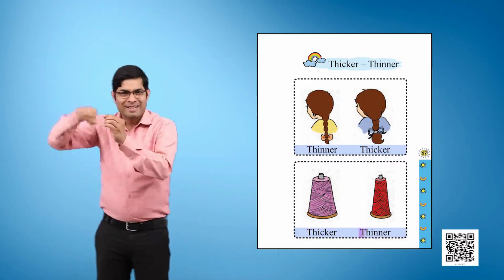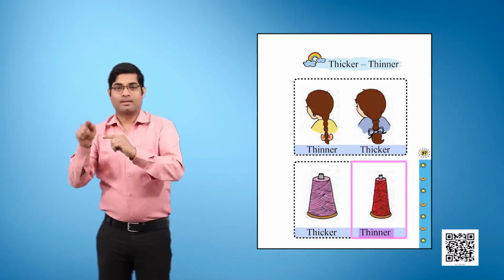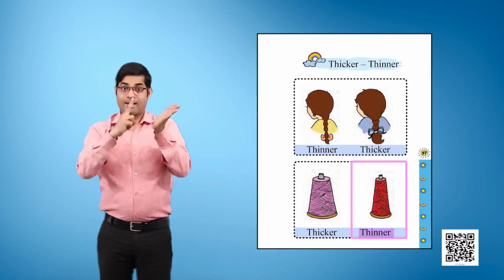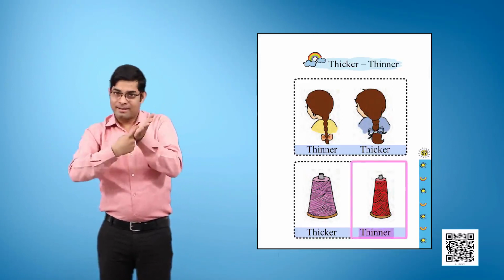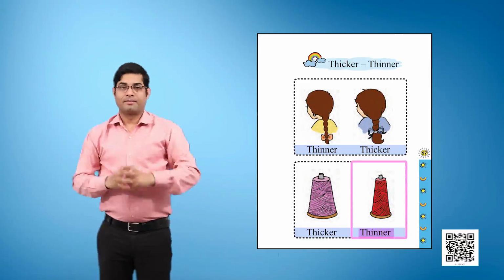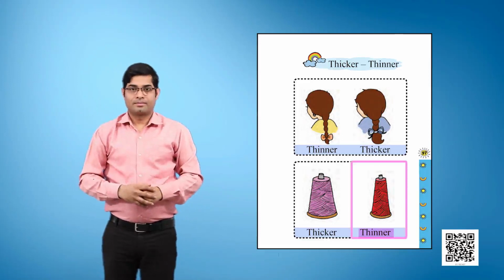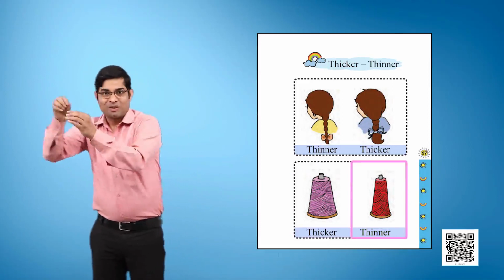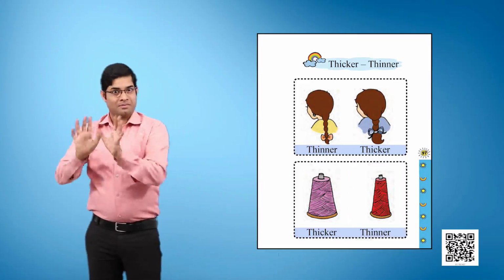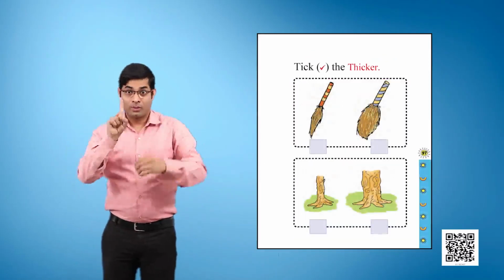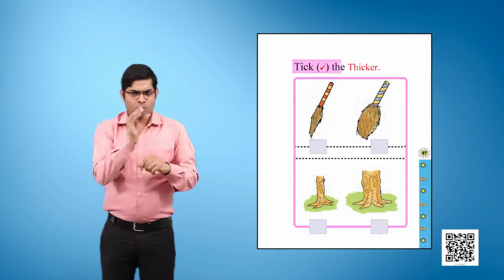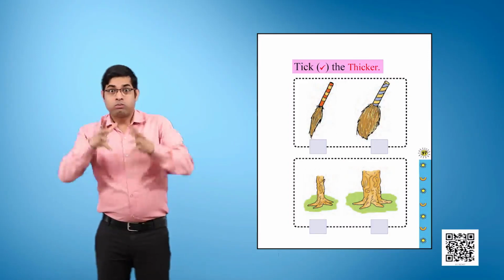And the word thinner is written below spool 2. The spool with more thread is thicker than the spool with less thread. Question 1. Tick and identify the thicker.